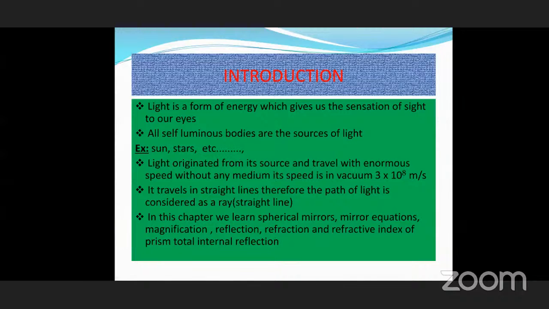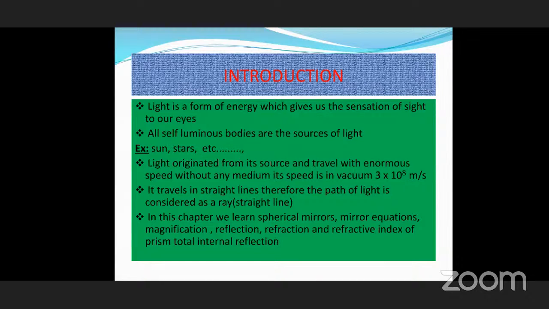Shadows forming means light does not travel through your hand; it always travels in straight lines. By this simple experiment, you can tell light travels in straight lines. Therefore, whenever the path of light is considered, we take it as a ray, a straight line. That's why the name of the chapter is ray optics.